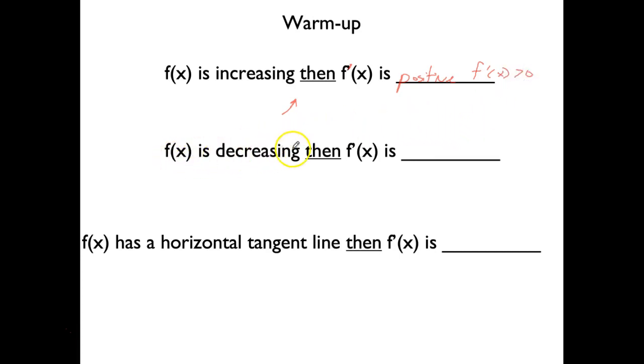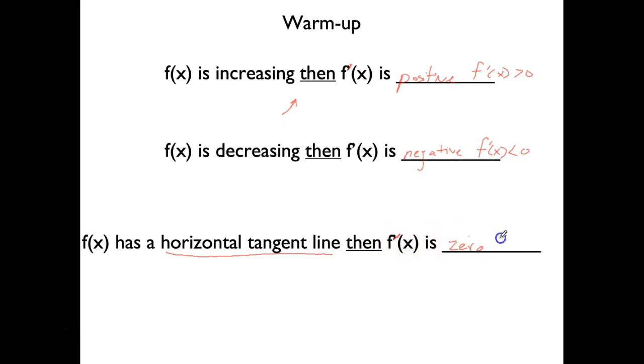Okay, if f of x is decreasing, then f prime of x is negative. Or you could say it as the opposite: f prime of x is less than 0. Okay, if f of x has a horizontal tangent line, then f prime of x is, remember, a horizontal tangent line is when you have a slope, or an f prime, of 0.